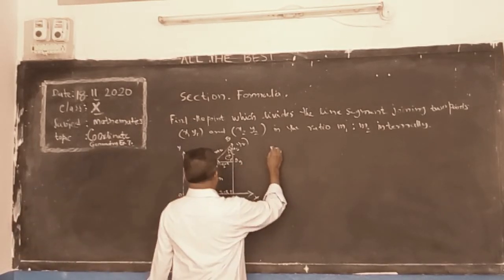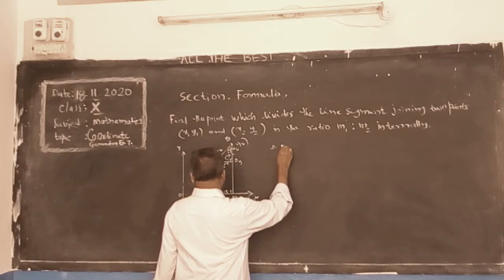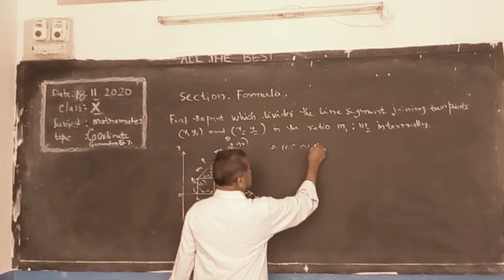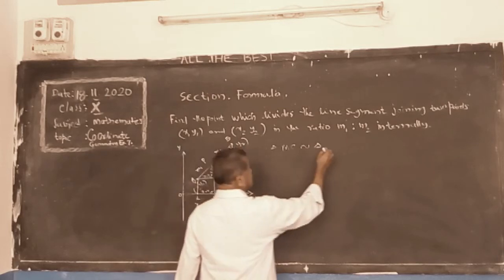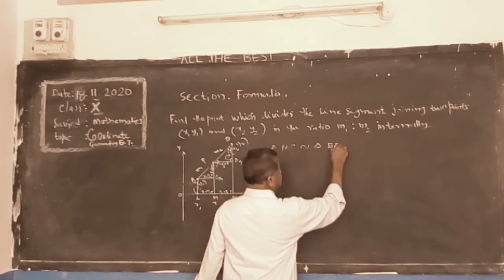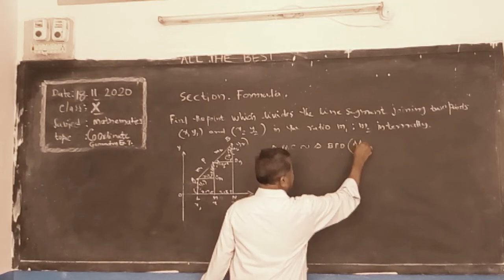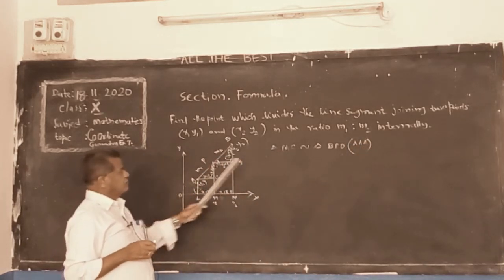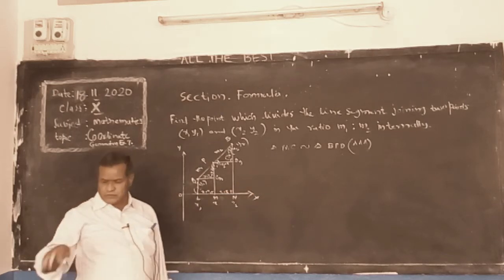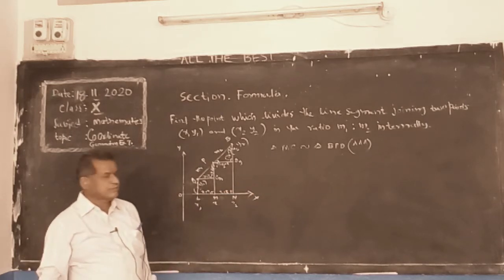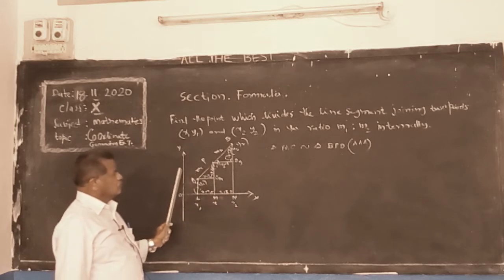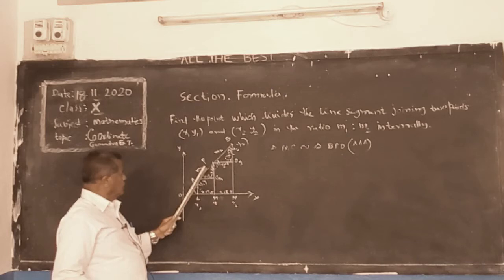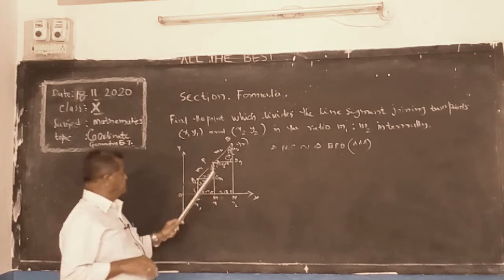Triangle PAC is similar to triangle BPD according to the angle criterion of similar triangles, which we learn in the other chapter. Now there is no need to know that. I am just giving the formula.